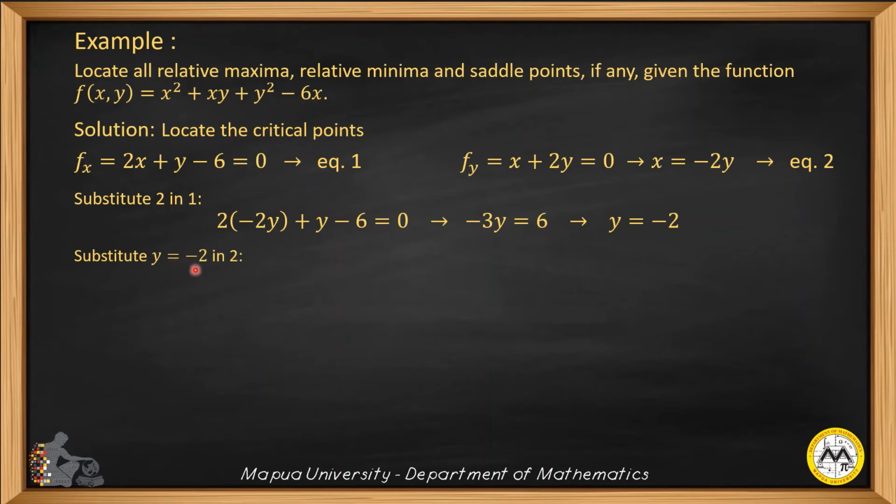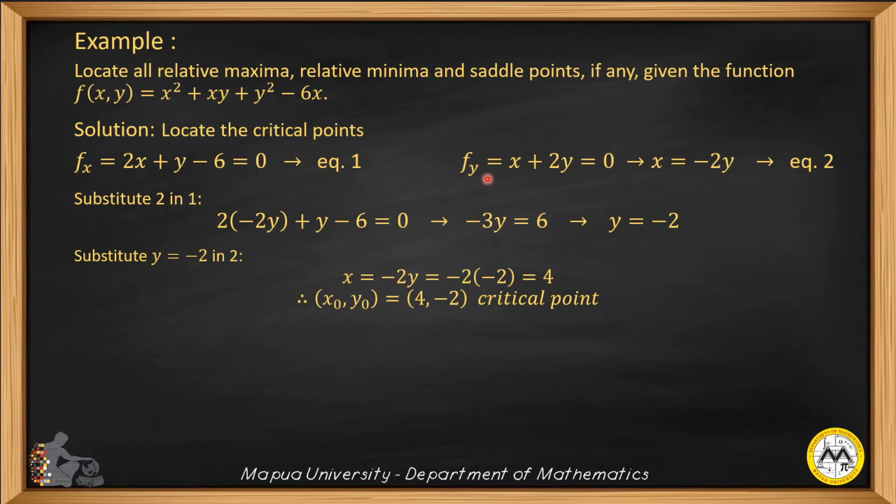Now, substituting y equal to negative 2 in this equation, we solve for x, and x takes on the value of positive 4. So we have the point x0, y0 given by (4, negative 2). This is our critical point, a point where the partial derivative of f with respect to y and the partial derivative of f with respect to x are both equal to 0.